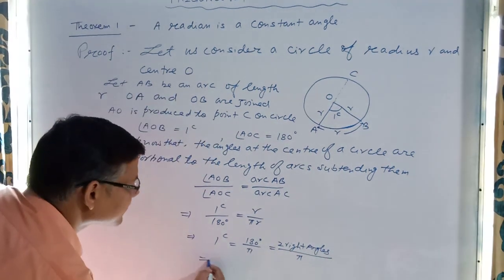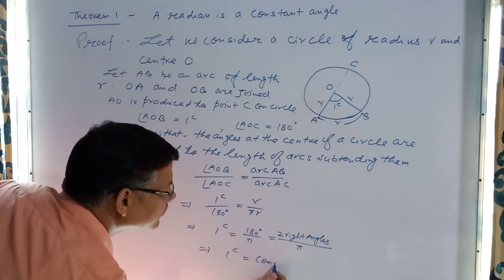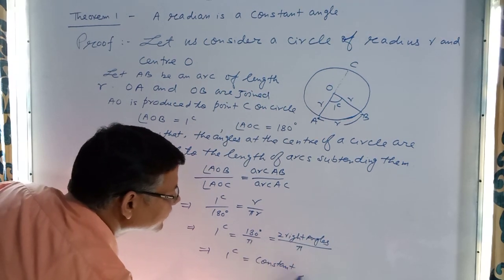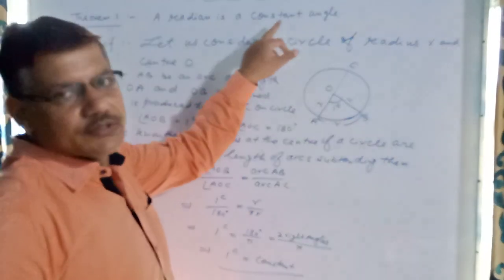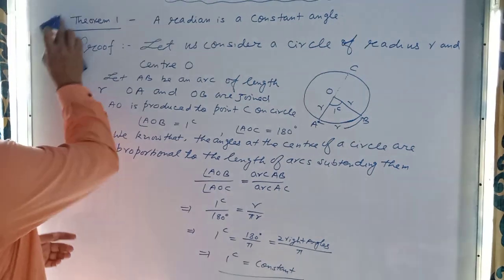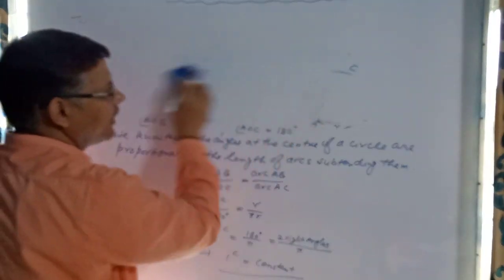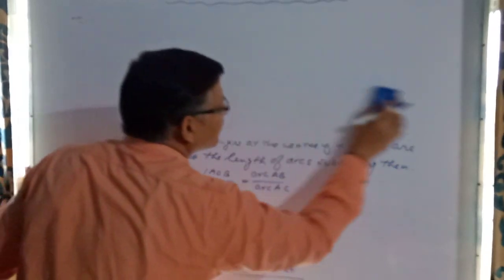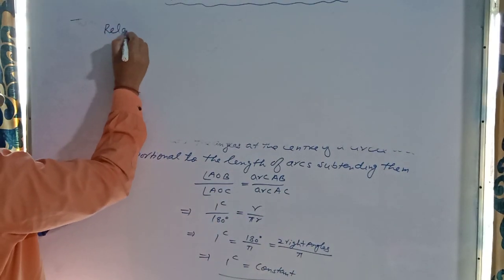So it implies 1 radian is equal to a constant. So in this way we prove 1 radian is a constant angle. From here we get a relation between degree measure and radian measure.